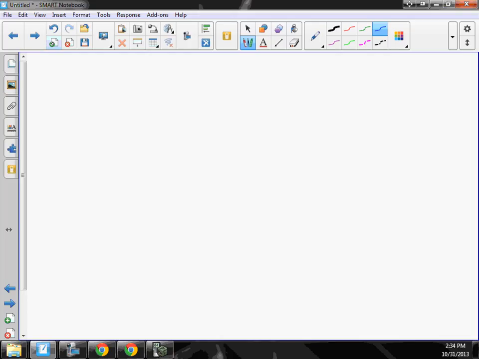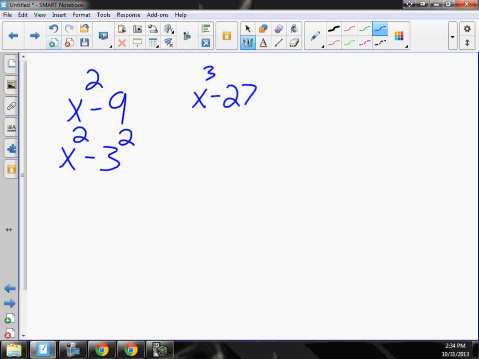If I had x squared minus 9, that's the same as x to the second minus 3 to the second. And that is called a difference of squares. Well, you can also get a difference of cubes. So if I had x to the third minus 27, which is x to the third minus 3 to the third, those are really easy to factor.